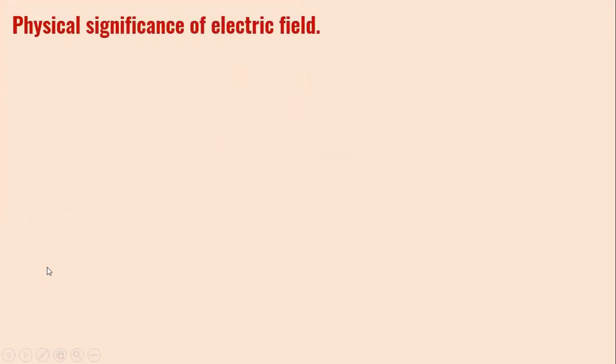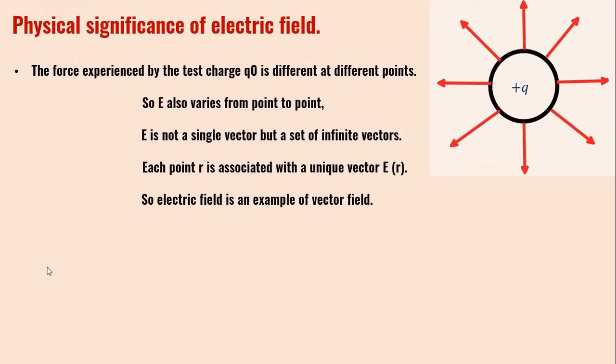Next, let us try to understand the physical significance of the electric field. As I have shown, the electric field lines are shown by this case if we have a plus Q source charge. The force experienced by the test charge Q naught is different at different points, so E also varies from point to point. If the position of Q naught keeps on changing, the direction and the magnitude of the electric field also keep on changing.